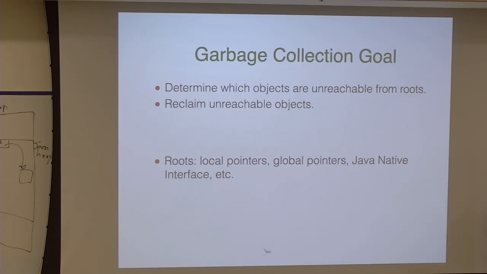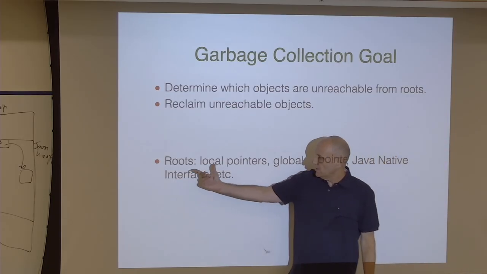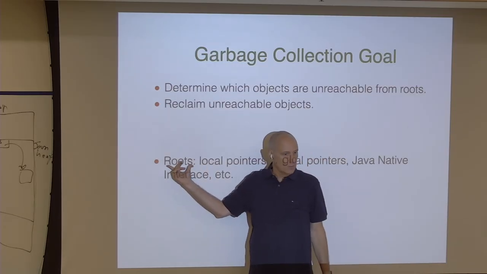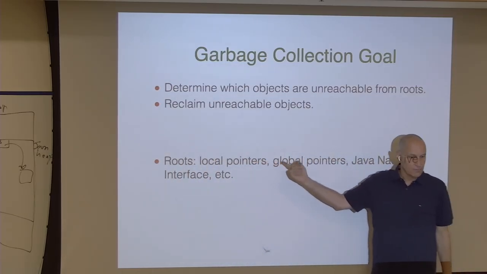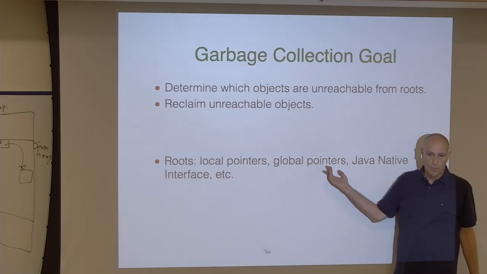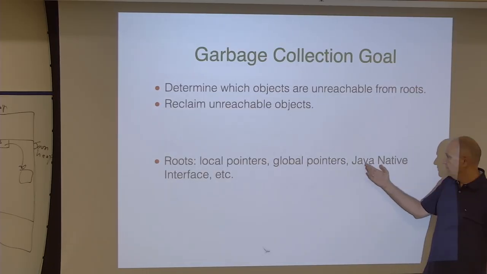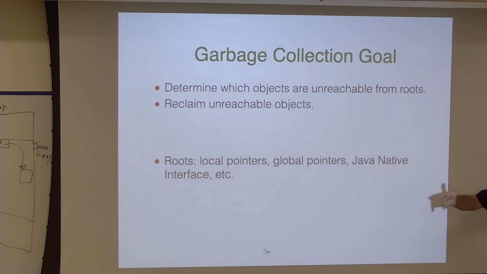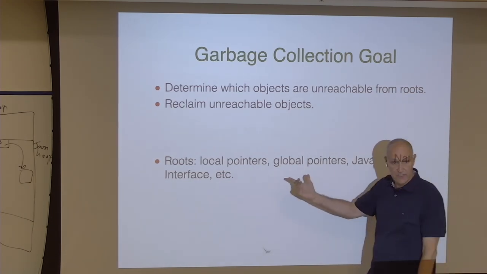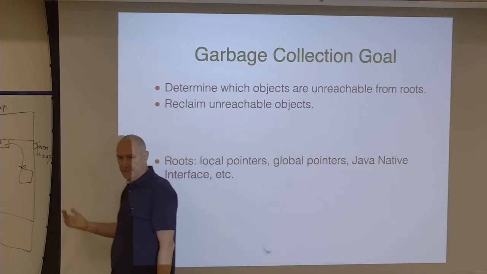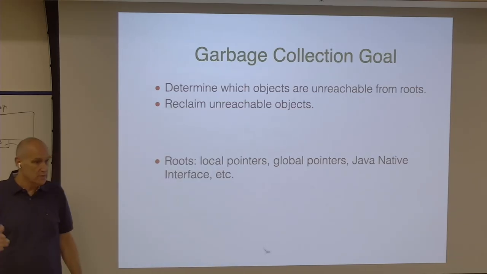Roots is a new term that we're going to use. The roots are all the local pointers that we have in our methods, the global pointers that we have in the program, and maybe all kinds of weird stuff, like the Java Native Interface, which is the Java interface with C code that it may run.